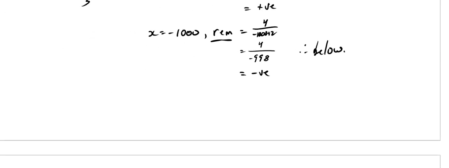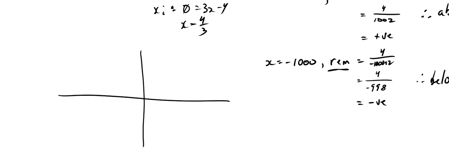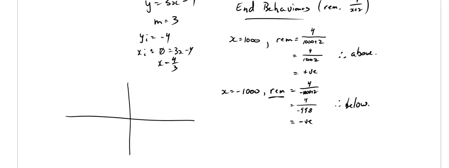Last little thing, I'm running out of space. Oh, here we go. I'm just going to sketch my slant asymptote, my oblique asymptote, using those properties that we just went over, a quick little grade 9 review. So the y-intercept is -4. The x-intercept is 4/3, which is just over 1. And every 1 that I go over, I go up 3.